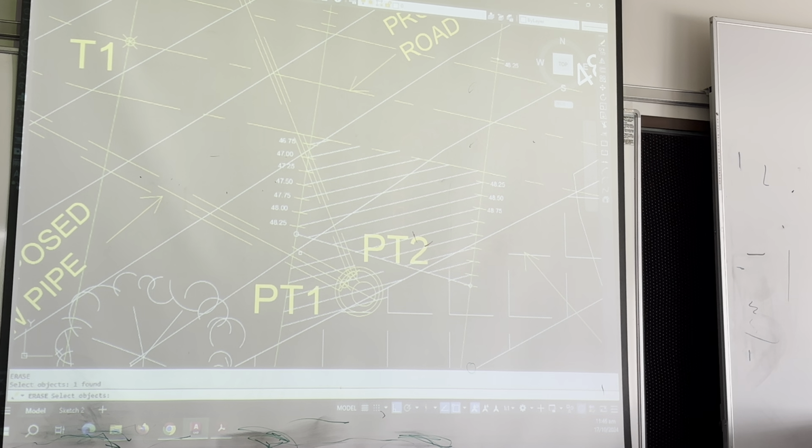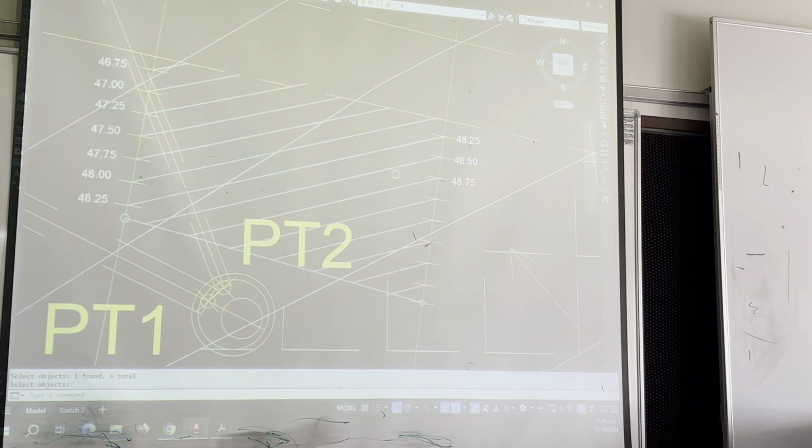So I've done one whole side for you there of butterfly wing contours, or what we call design contours.